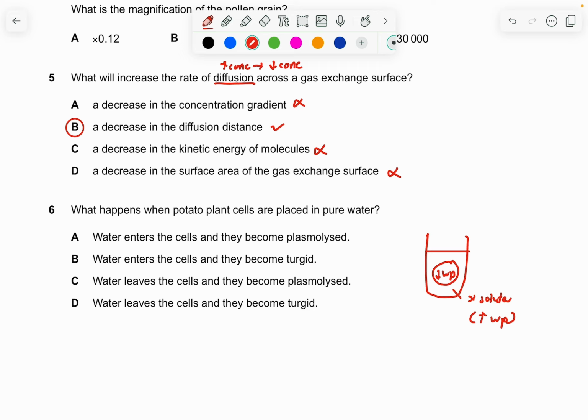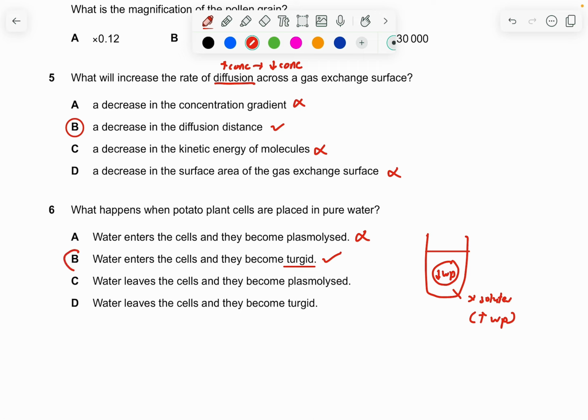Water enters the cell and they become plasmolysed, this is wrong. Water enters the cell and they become turgid, this is correct. The term turgid is suitable because it is a plant cell. A plant cell has a cell wall, and the cell wall is able to withstand the turgid pressure so it won't burst easily.